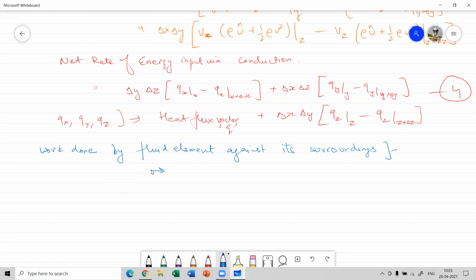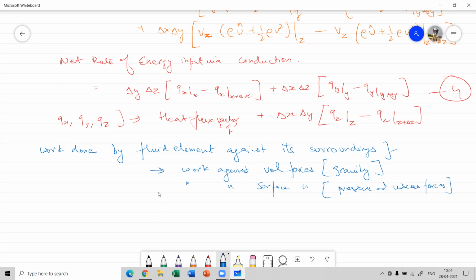One is work against the volume forces, that is the gravity, and work against the surface forces, that is because of the pressure and viscous forces.